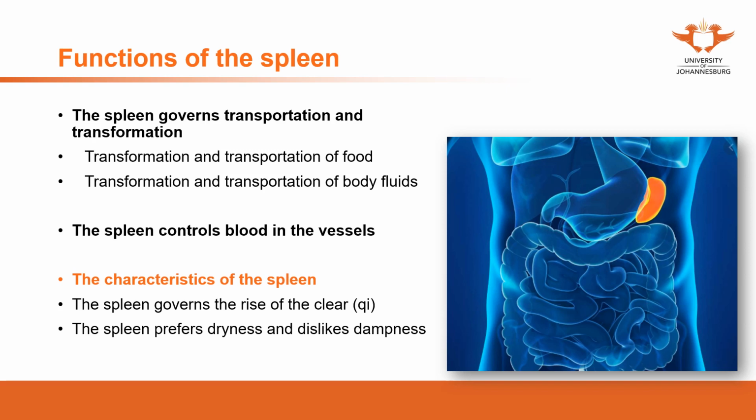How does the qi transport? It's from the function of the spleen. The reason is that the spleen has the characteristic of governing the rise of the clear. The spleen has the ability to move things upwards, especially the qi. Apart from the qi, it can also raise the internal organs to keep the organs in a certain location.